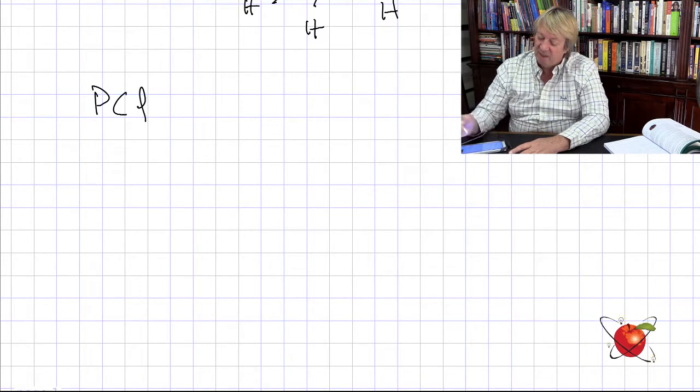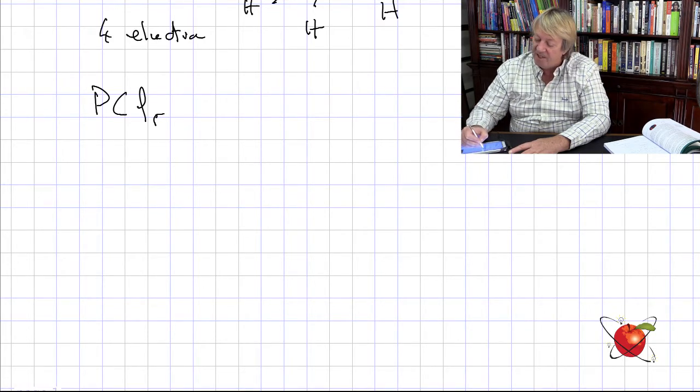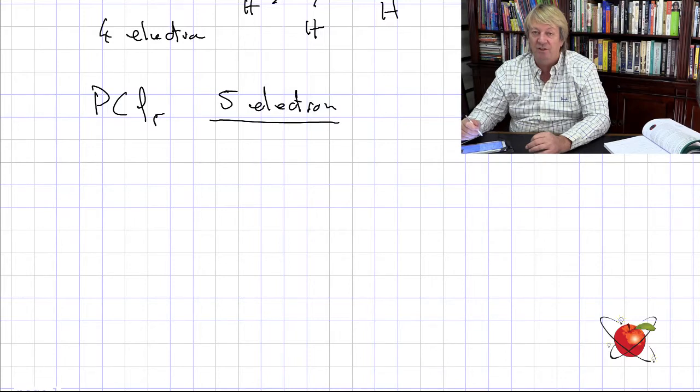Okay, well, we've got PCl5. Just let me go back. This was the 4 electron zone. This is a 5 electron zone, because we're bonding 5 electrons. Well, that one previously was the tetrahedral.